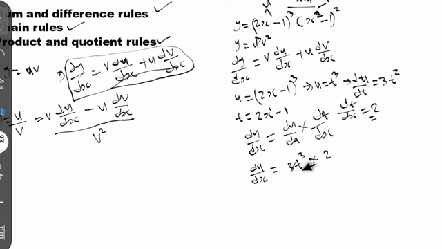If you still remember, t represents this, so du/ds is equal to 2 times 3, that is 6. So we have 6.